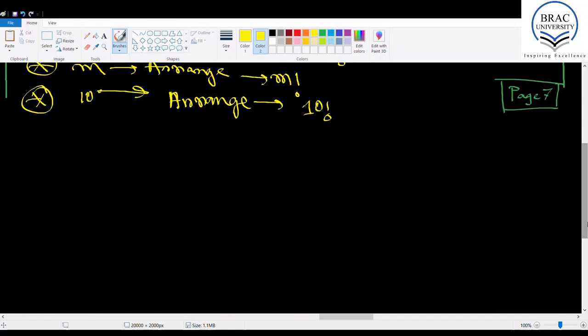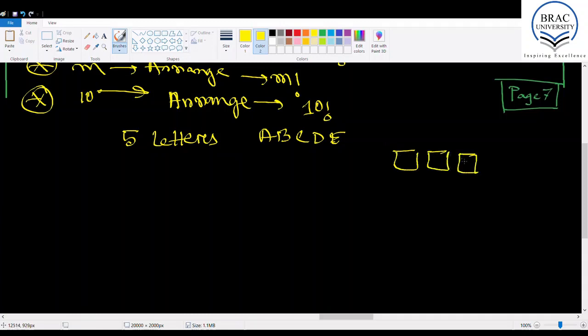Okay, so now what if you are given 5 letters like A, B, C, D, E, and you are supposed to pick 3 of them and arrange them according to your wish in these 3 slots? It means the total number of available options is now n, that is 5, and the number of slots is 3, and you can use one letter only once.